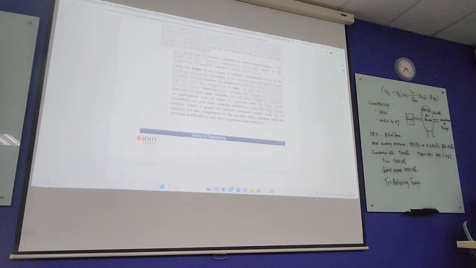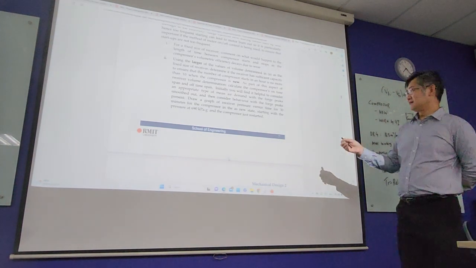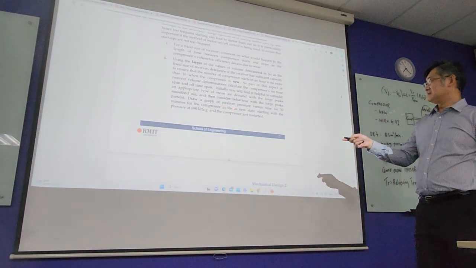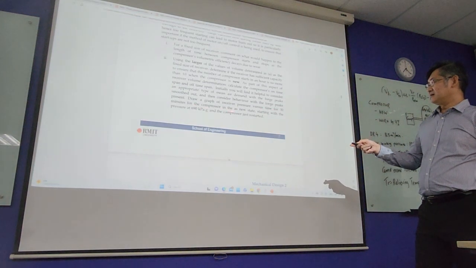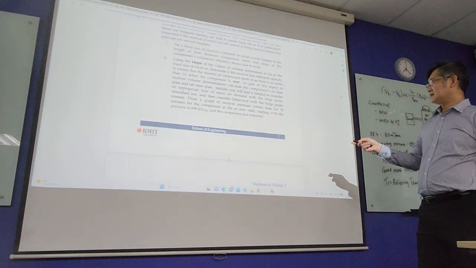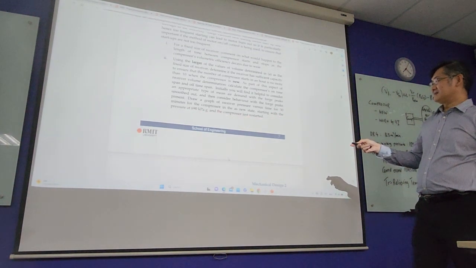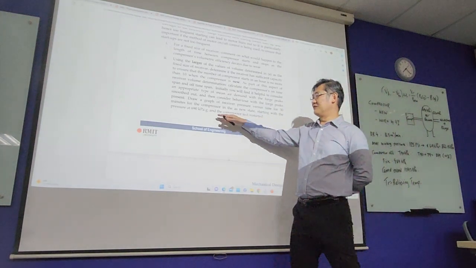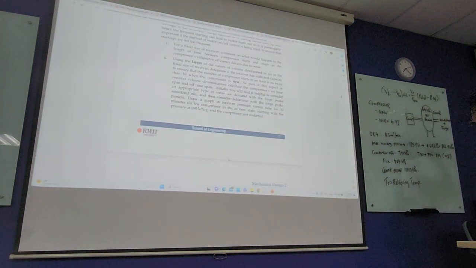Okay, so I need the statement: draw a graph of receiver pressure versus time for 30 minutes for the compressor in a new state, starting with the pressure at 690 and the compressor just restarted. Okay, so this is the requirement. That's why the maximum without the compressor is 690 according to our paragraph here.